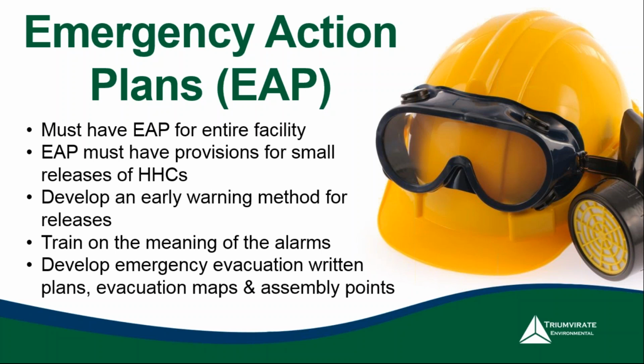In your EAP, it'll talk about what you are going to do. What types of early warning methods do you have in case of a release? That could be anything from an audible alarm to strobe lights to whatever you're going to use. Is it a PA system? And then we're going to talk about the evacuation plans. How do you do that? Are people going to get out?